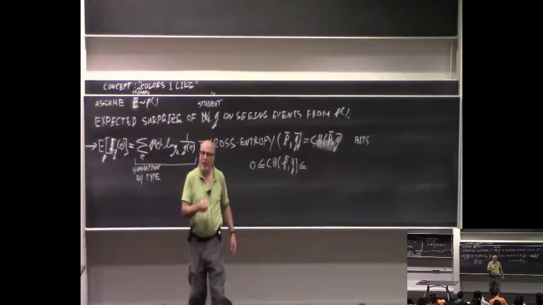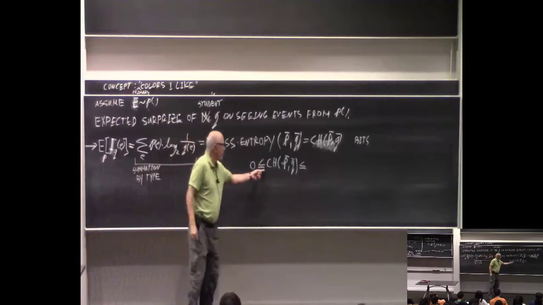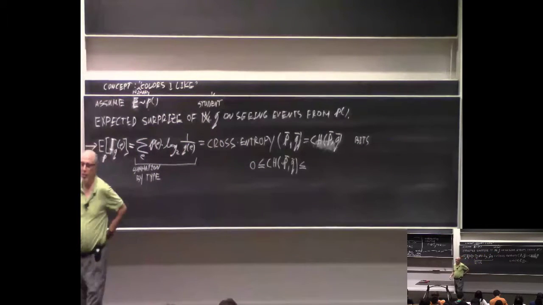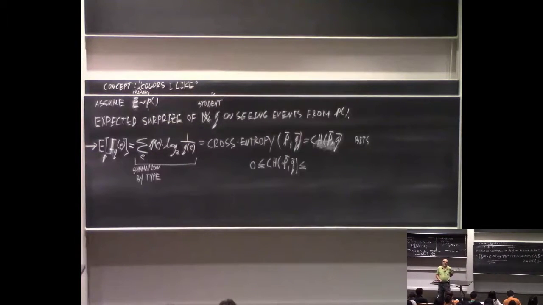Can cross-entropy be 0? Is this justified? What do you think would be the extreme case where cross-entropy is at its lowest? Remember its meaning. Its meaning is the expected surprise of a person who holds some beliefs when they see events in the real world.